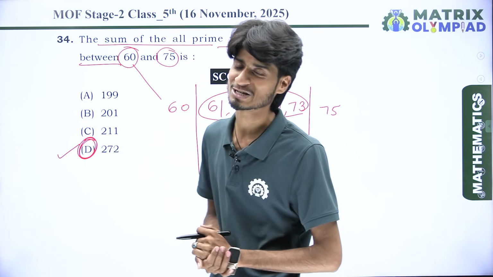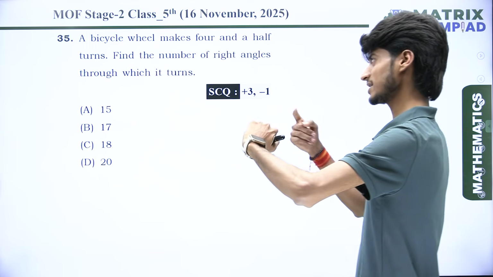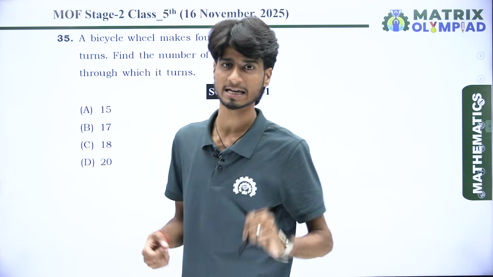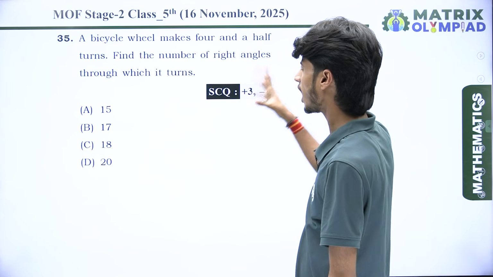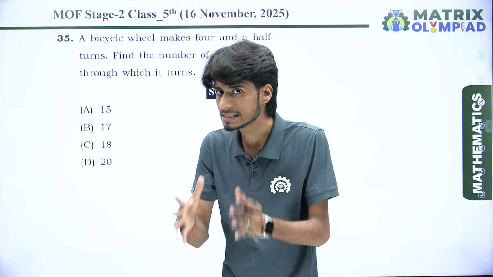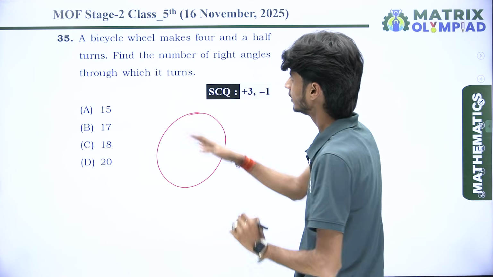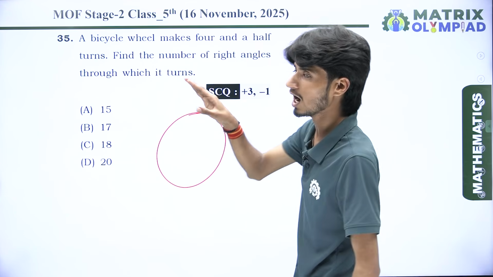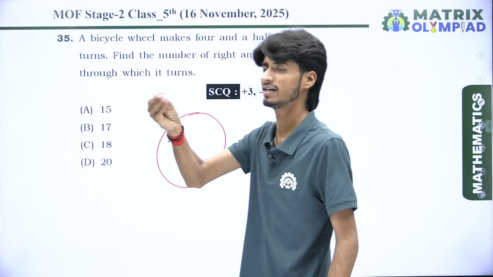Let's come to the next question. So this is the next question which you face in the examination, and what does it say? A bicycle wheel makes 4.5 turns. Find the number of right angles through which it turns.